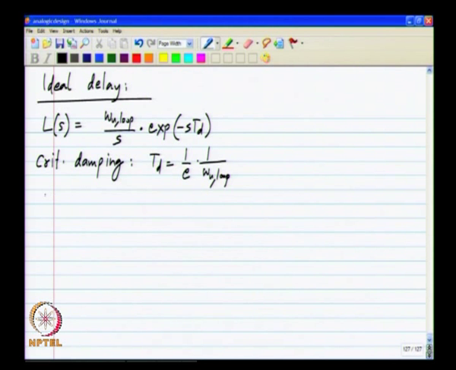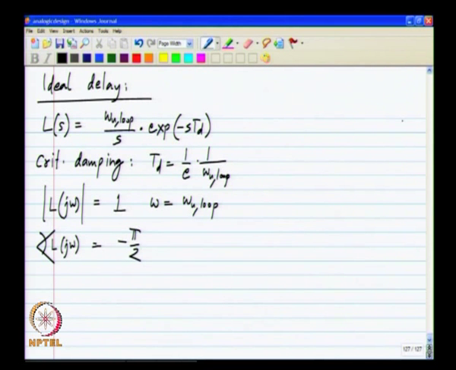Now, we see that the magnitude of L of j omega is 1 for omega equals omega u loop. In this case, it is exact, because the magnitude of the second part of the function here is unity. Okay. And the angle of L will be minus pi by 2 due to the integrator, minus omega T d, okay, and omega times T d is nothing but 1 by E. Keep in mind that this is in radians.